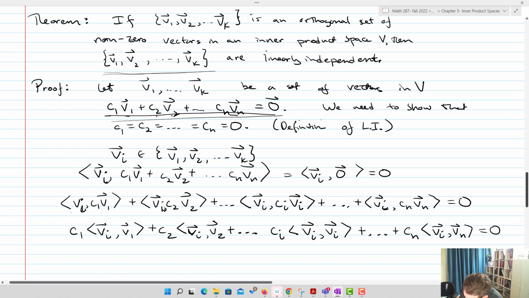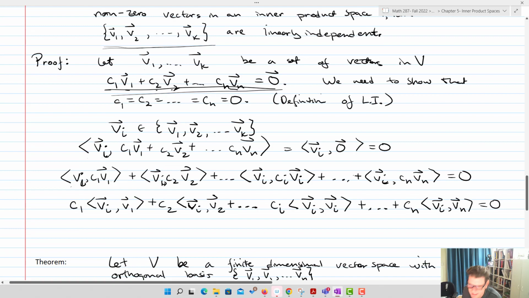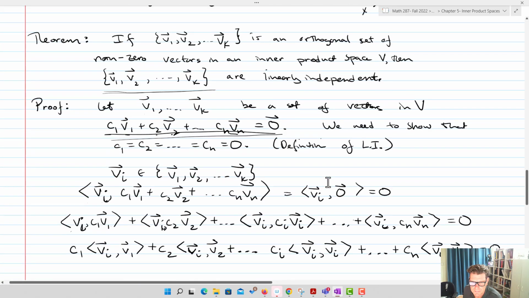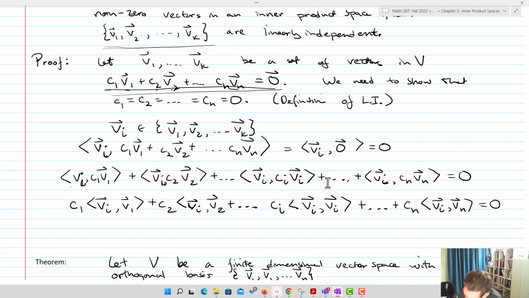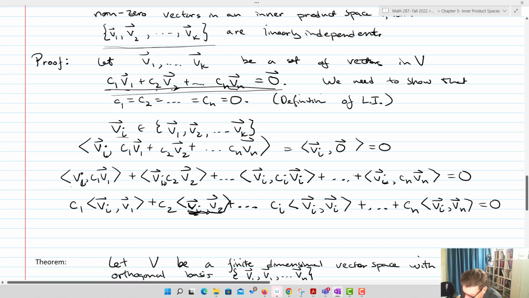A couple things to notice now. Remember that this set of vectors is in fact orthogonal, so vi happens to be a vector from the orthogonal set. If I take its dot product with a different vector in the set, remember they're orthogonal, so that equals 0.